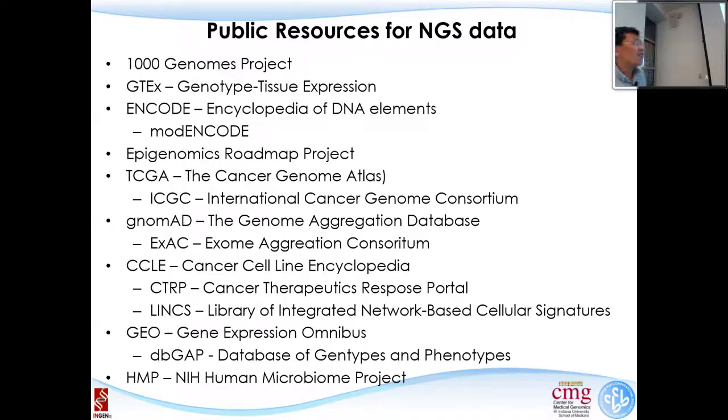So that is a very, very important data source that people can use. The first phase of that project is called ExAC, which is the Exome Aggregation Consortium, and it mostly focused on exome sequencing. Now whole genome sequencing is being brought in as well. The CCLE project is the Cancer Cell Line Encyclopedia project.